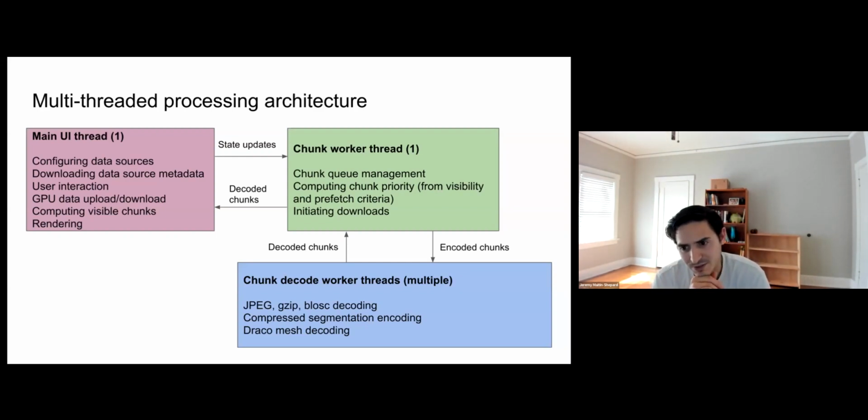But if the data comes in uncompressed, that's kind of unfortunate, but we do in most cases transcode it to the compressed segmentation format before loading into the GPU so that it doesn't take up too much GPU memory. Otherwise we would have the same issue where the compressed data might be fairly small, so the network transfer isn't too bad, but then it gets blown up when it's decompressed, and then we have to compress it again to reasonably fit it on the GPU.